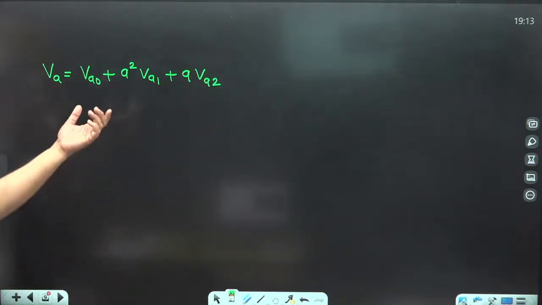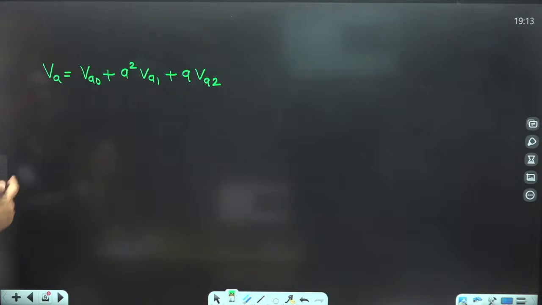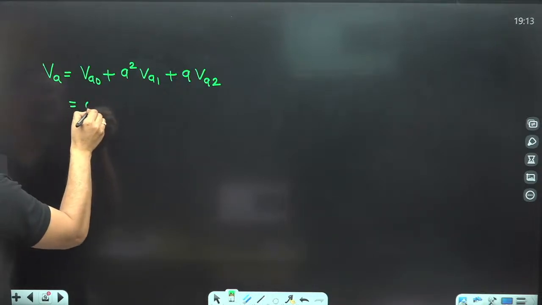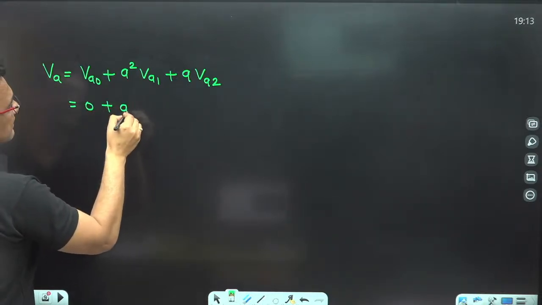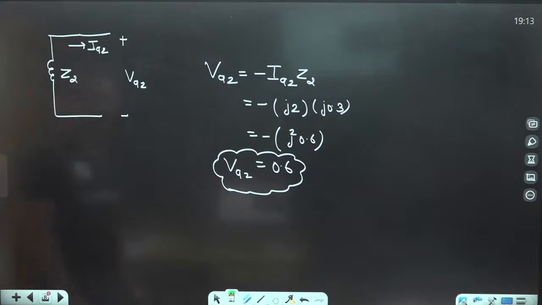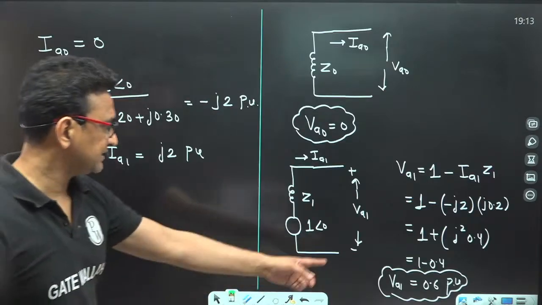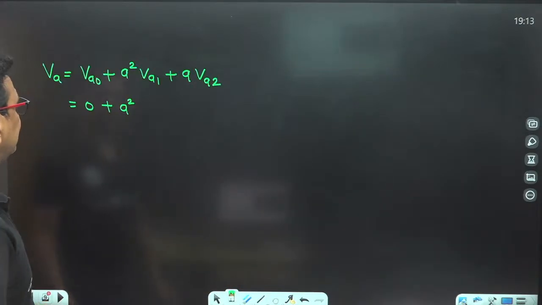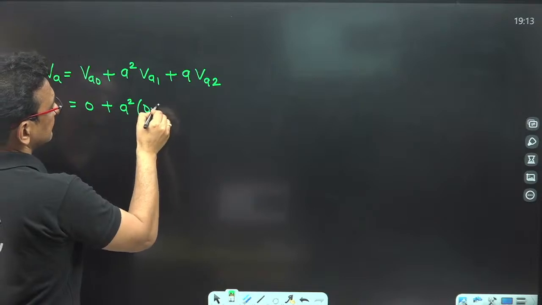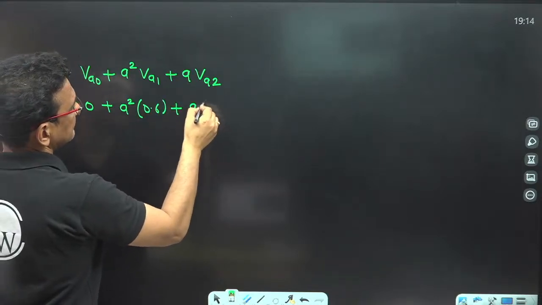Now we know VA0, VA1, VA2. VA0 is 0, plus a square, and the value of VA1 as well as VA2 is the same, 0.6.